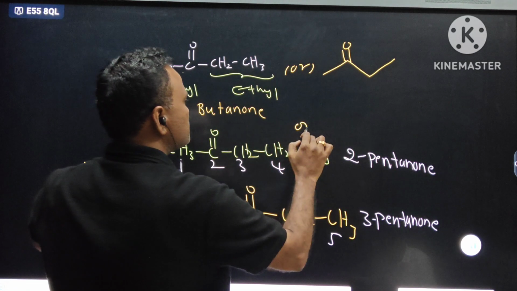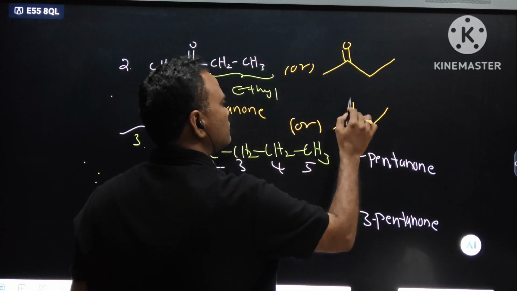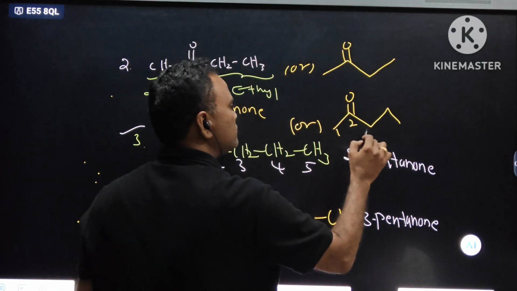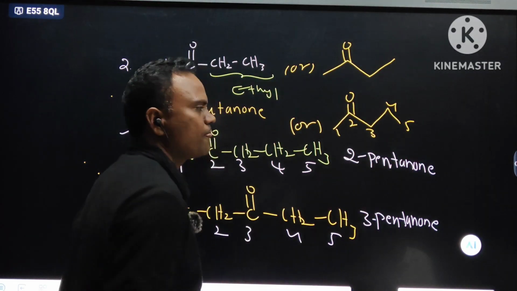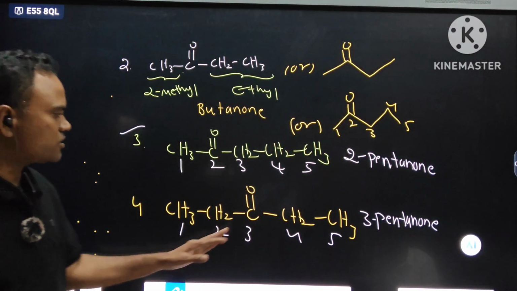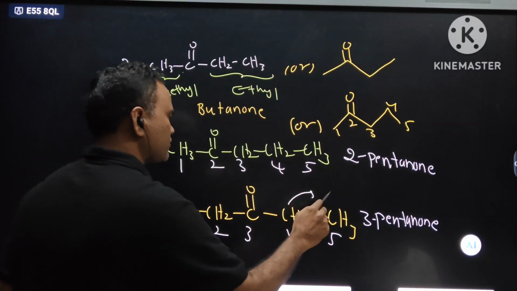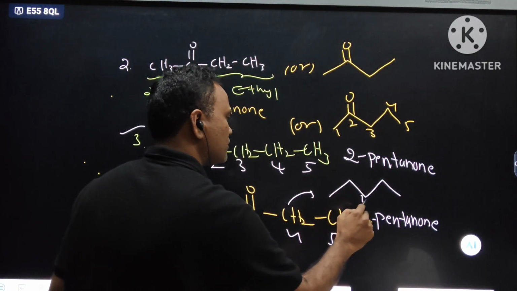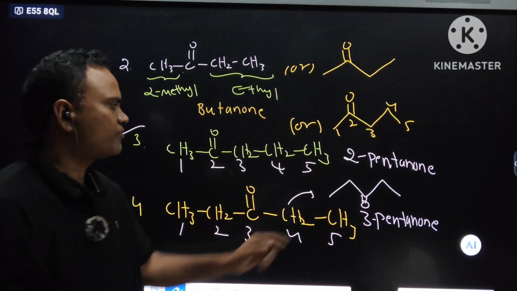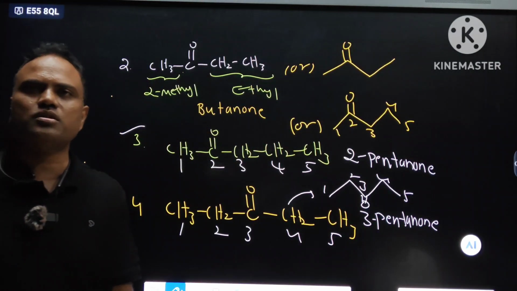Write bond line for this. 1, 2, 3, 4, 5. 5 carbons. Bond line structure. Correct, yes. 1, 2, 3, 4, 5. Bond line structures are important.